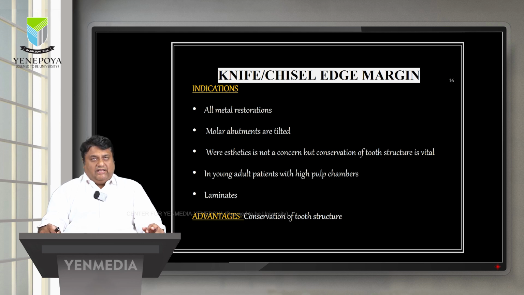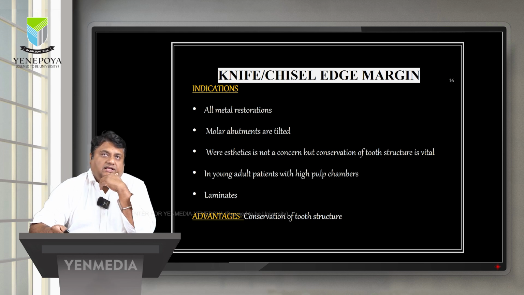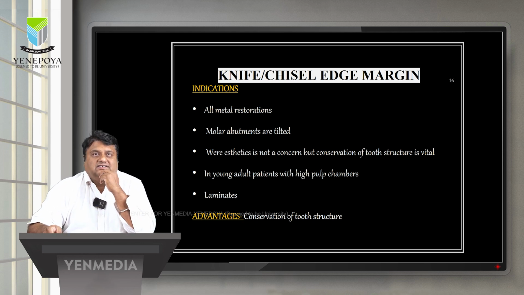If you make it too thin, then the opaqueness of your ceramic will be seen. So ideally this is not used nowadays, but in certain cases, yes, like in laminates, or if you have a young adult, or if you want long term temporaries with metal restorations on a non-aesthetic zone, then this is a type of finish line that you can think of.